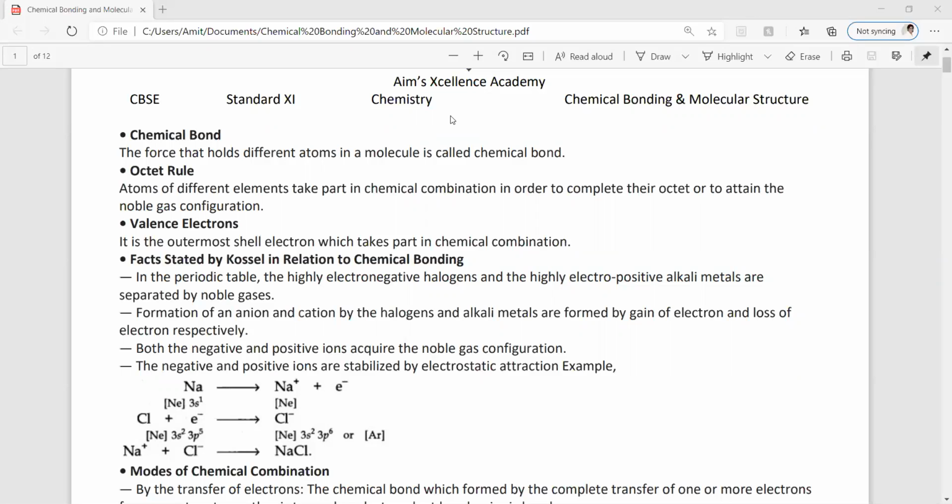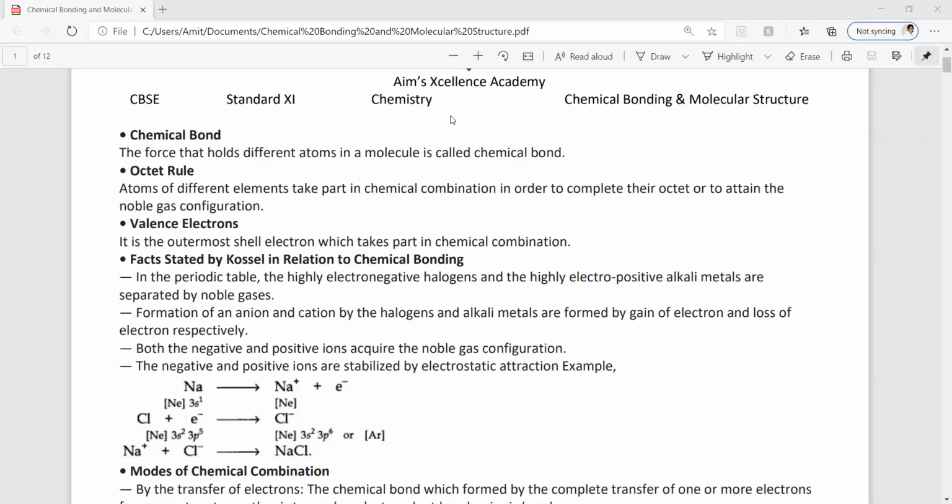There is something called the octet rule. We already know that an element is supposed to be stable when it has 8 electrons in its outermost orbit, and the valency of these electrons determines how stable a particular element is.